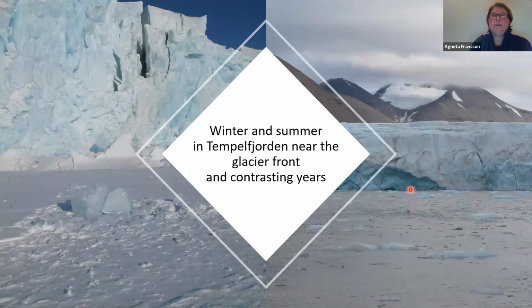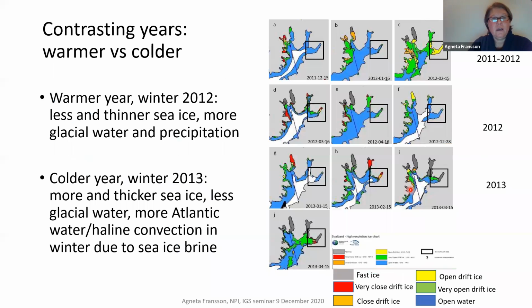So we studied the winter and summer conditions in Tempelfjorden near the glacier front, and we have studied contrasting years to illustrate how different it can be and how it varies. So the contrasting years: from a warmer year in winter 2012, we had less and thinner sea ice, and it was formed later in the season.